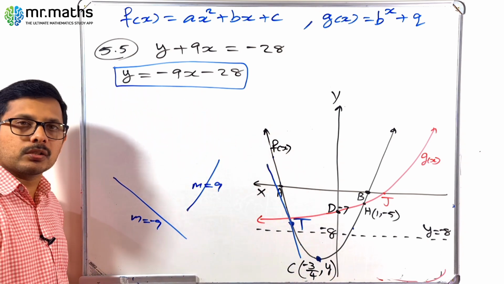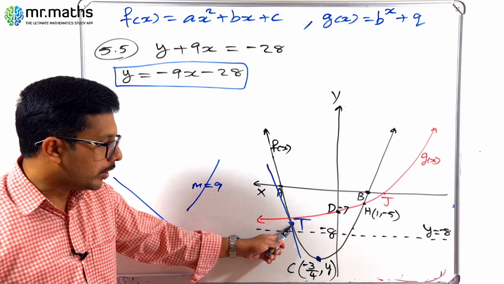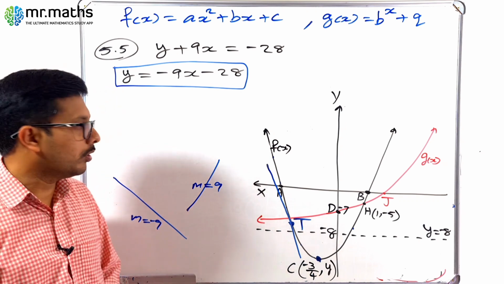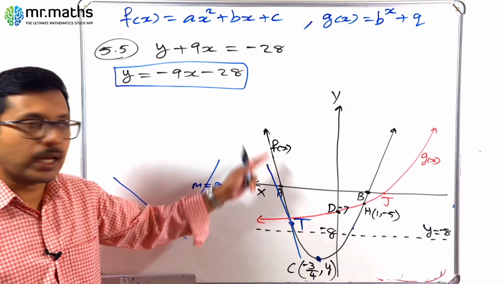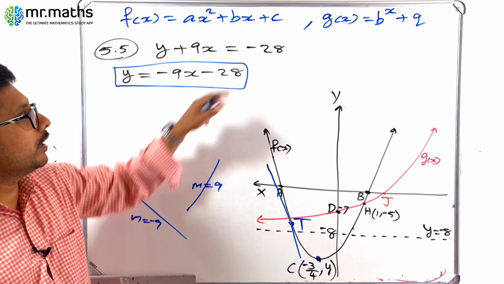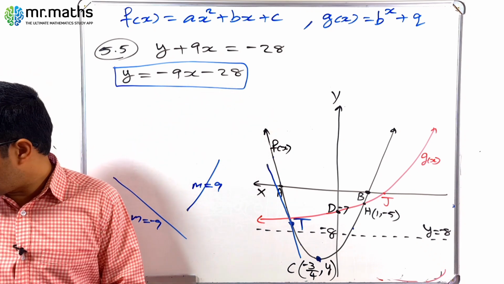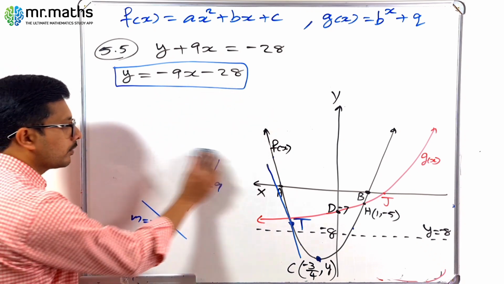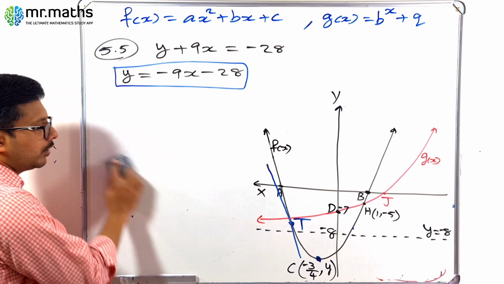Okay, now what is the question? You have to find the coordinates of that point T. So what is the equation of this straight line, this tangent? y is equal to minus 9x minus 28. And what is the equation of that parabola? What is the equation of the quadratic?